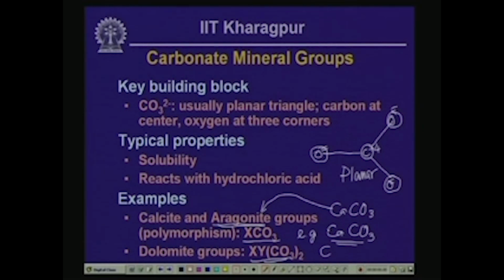So aragonite is essentially a polymorph of calcite. Aragonite is more rare than calcite, and it forms under high pressure but low temperature environments.